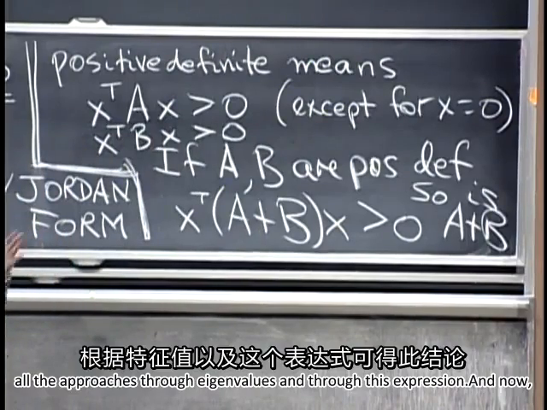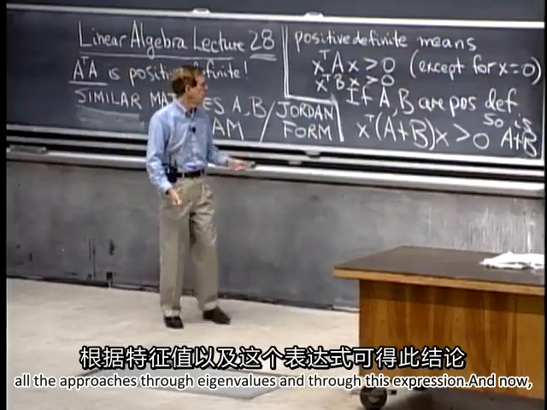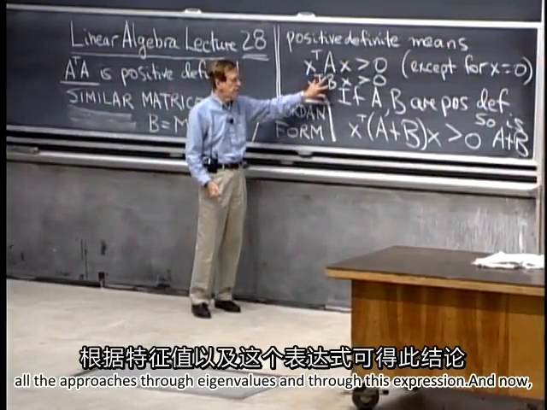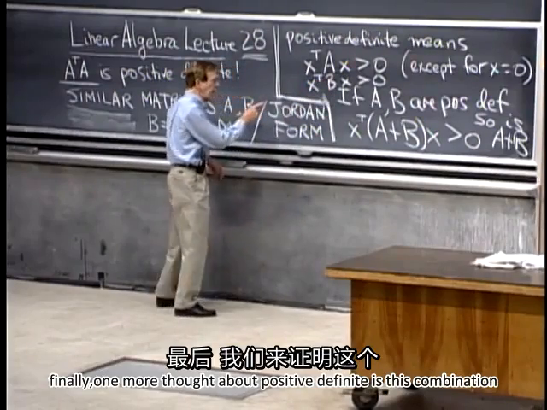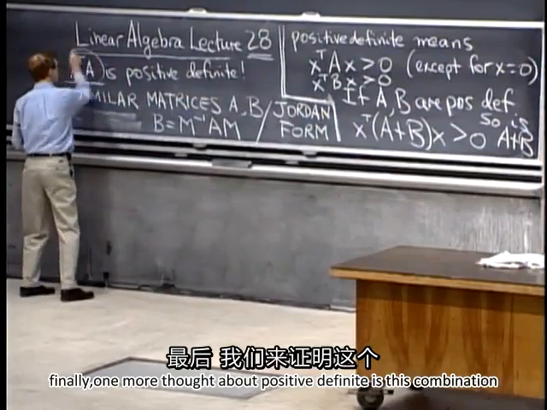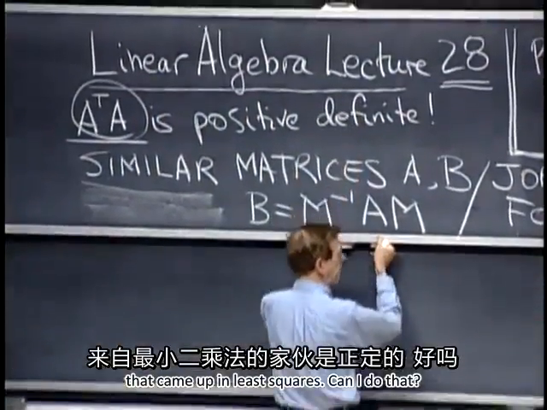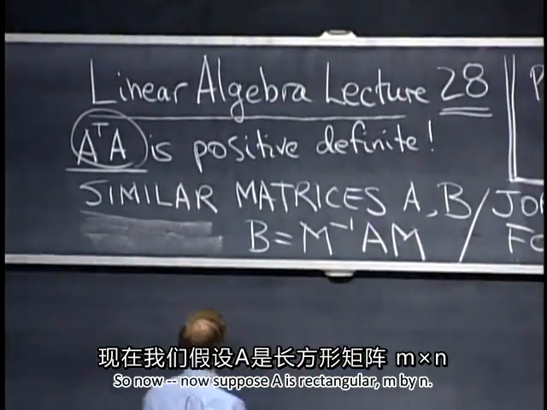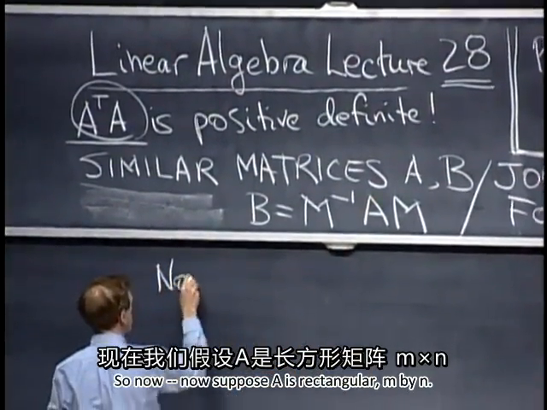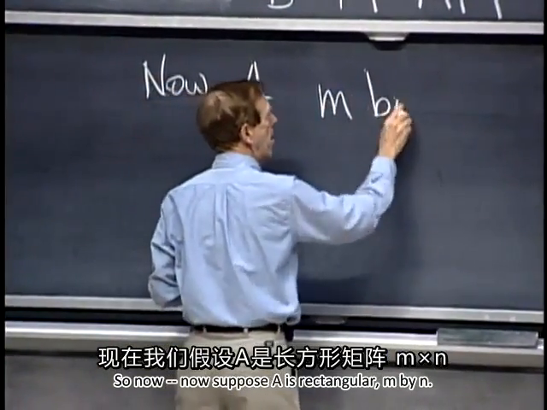Just be sort of ready for all the approaches through eigenvalues and through this expression. And now, finally, one more thought about positive definite is this combination that came up in least squares. Can I do that? So now suppose A is rectangular, m by n.